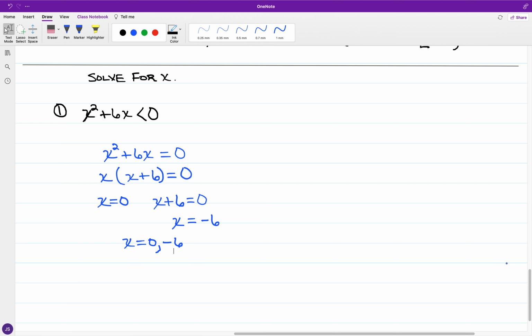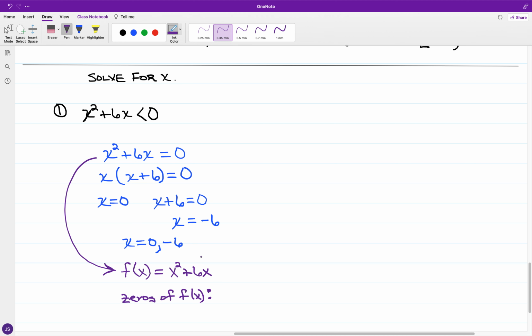Now, again, just taking what we have from the start. We already have the variable expression compared to 0 from the start. So it's already baked in that f of x is equal to x squared plus 6x. And for the zeros of f of x, you have your resulting x values from the quadratic equation.